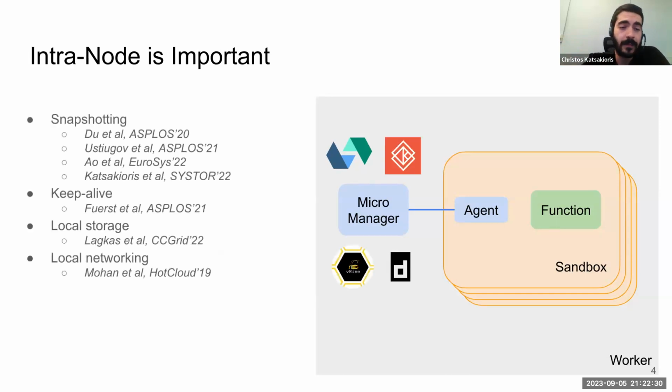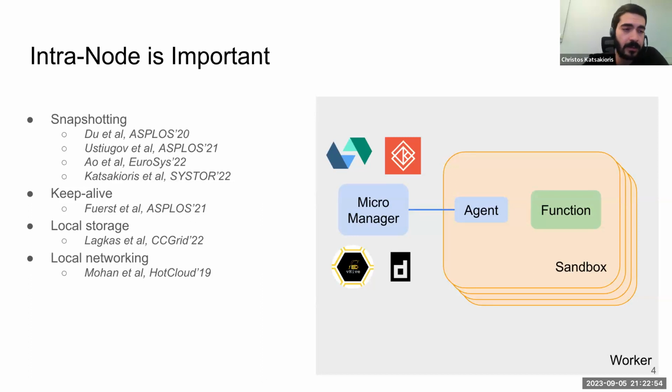Quite a few topics in serverless research are related to exploration and optimization of single node performance. MicroVM snapshotting is a notable example that we're particularly interested in, and there are several works that analyze or optimize the performance in this context.